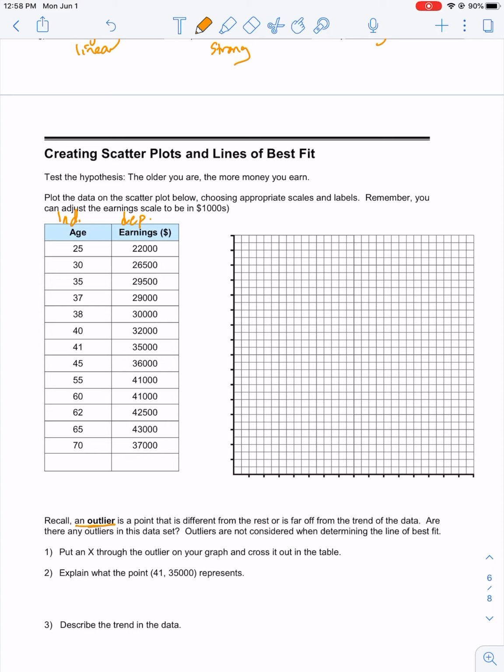This was in the online activity, talking about an outlier, which is a point that is different from the rest or is far away from the trend of the data. What you need to do is determine if there are going to be any outliers in this data set.